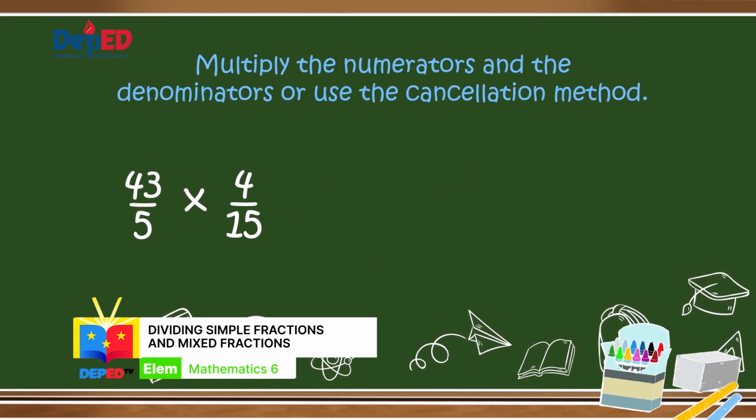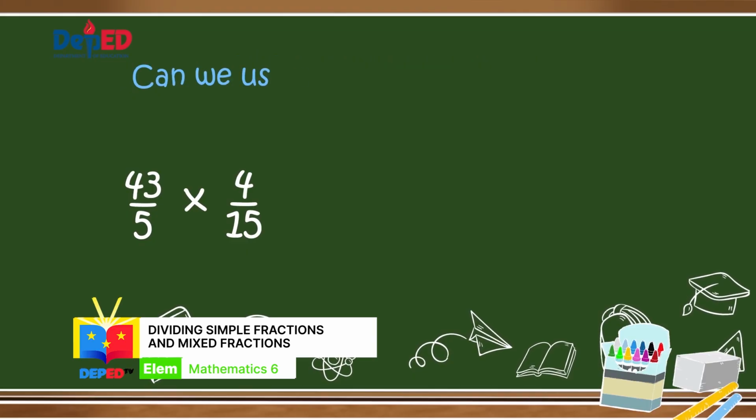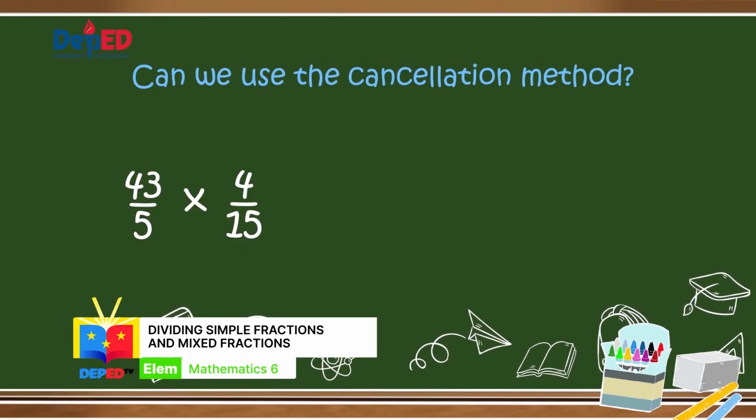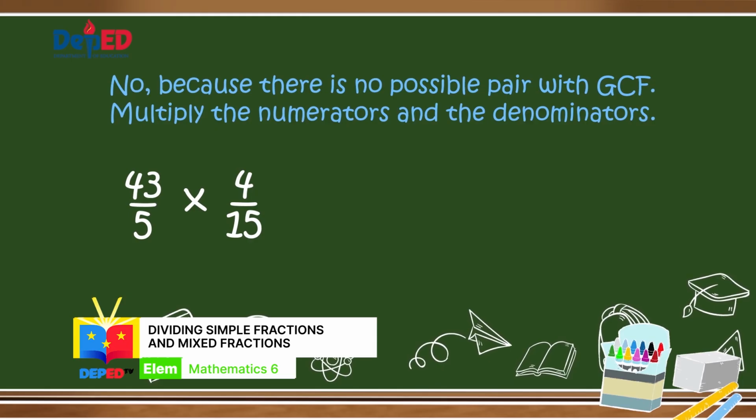Multiply the numerators and the denominators or use again the cancellation method in multiplying fractions. Can we use the cancellation method? No, because there is no possible pair with a GCF. So, multiply the numerators and the denominators.